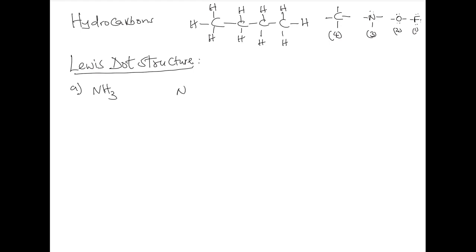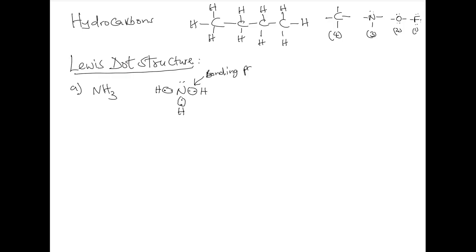So nitrogen has 5 valence electrons, and we said it has a bonding capacity of 3, so it's going to bond to another atom. In this case, we have hydrogen, hydrogen, hydrogen. So these are bonding pairs. So we call that a bonding pair.